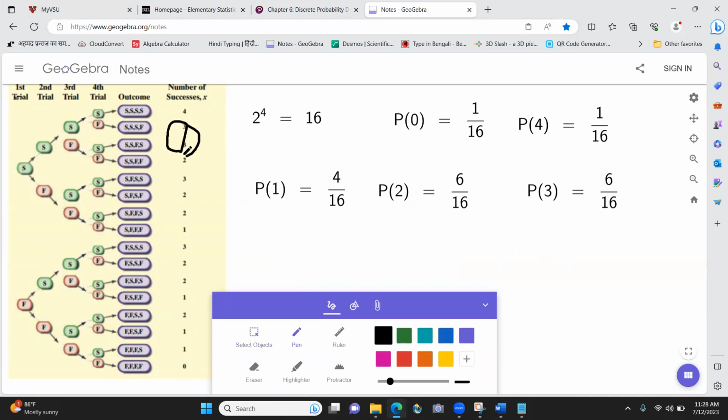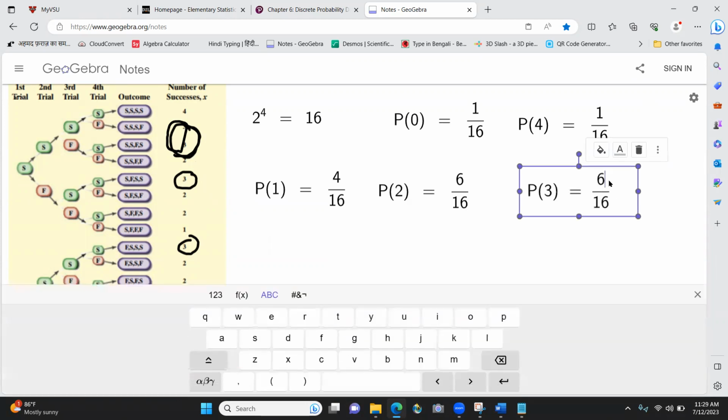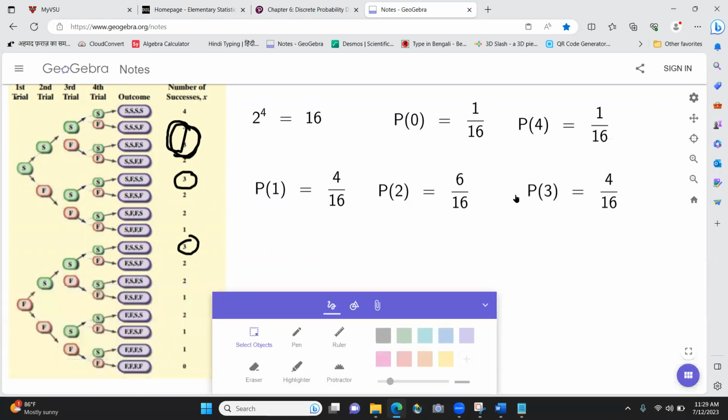Two of them here. I'm just going to leave it like this. I'll go back and check in a second. I'm getting 4, if I'm not mistaken. That sounds about right to me. So 6 plus 4 plus 4 plus 1 plus 1 is 16. That's a good sign. I've accounted for everything.